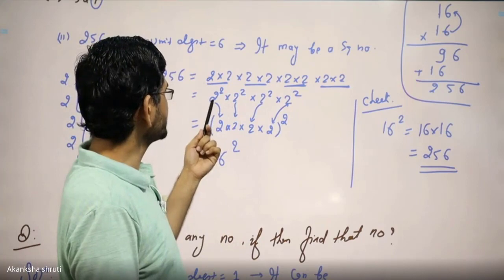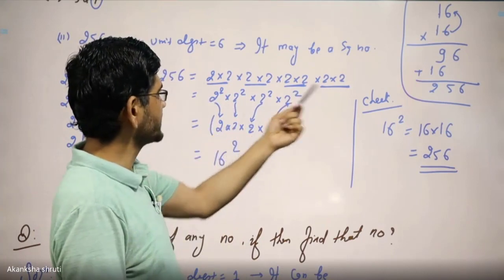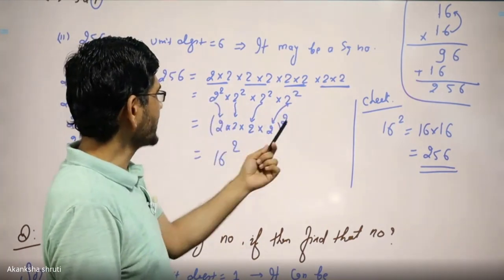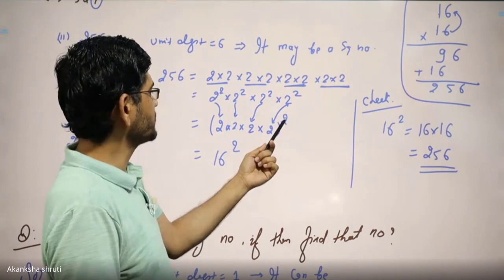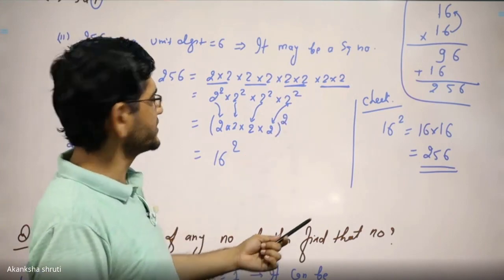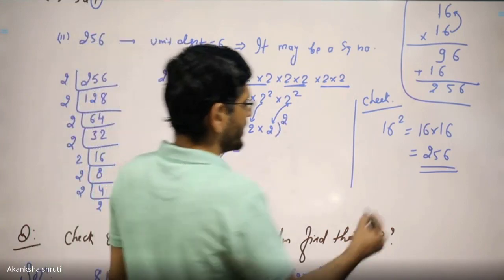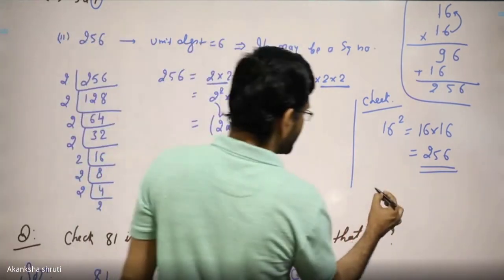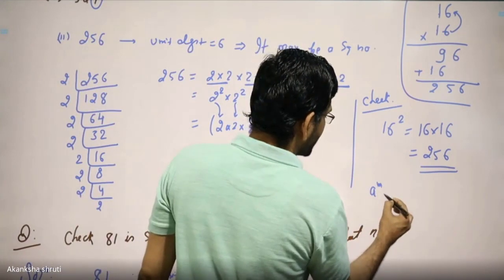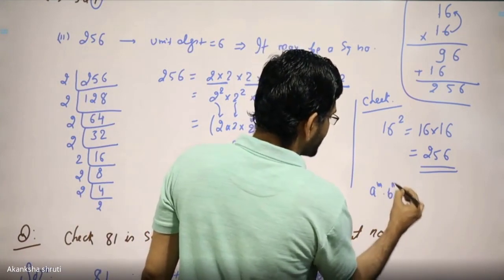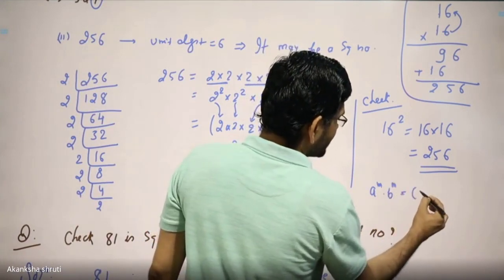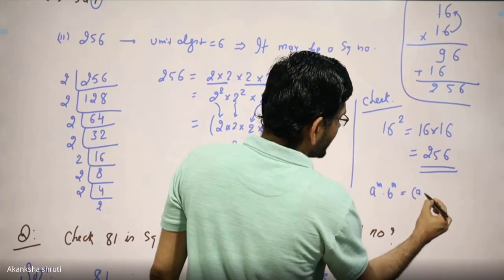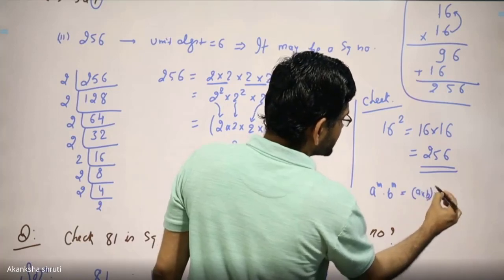That's why we have written this as 2 squared, 2 squared, 2 squared, 2 squared. These are the pairs we have made. This square can be taken common as the exponent or power, because the rule is that if we have a to the power m and b to the power m, with the same exponent, they can be multiplied first as a into b, and then raised to the power m.